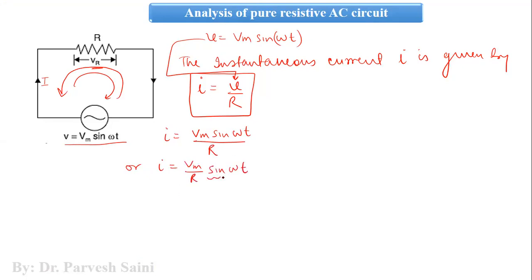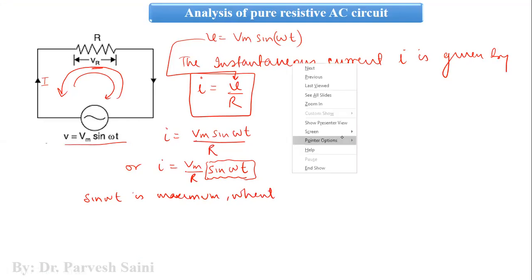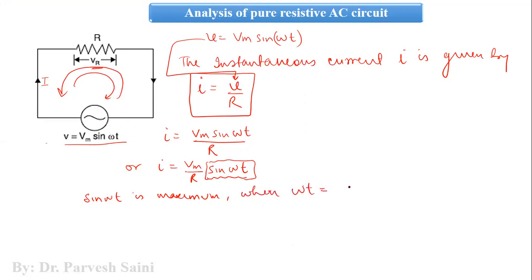Now this sine omega t is maximum when omega t is equal to 90 degrees. So at omega t equal to 90 degrees, sine omega t is 1.